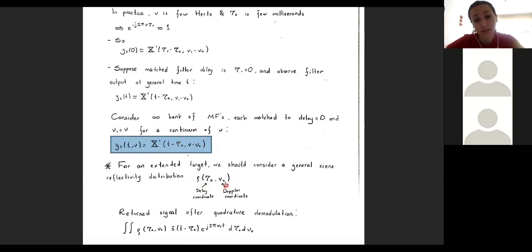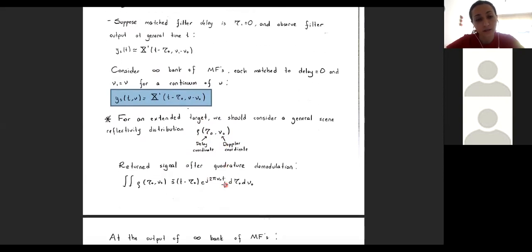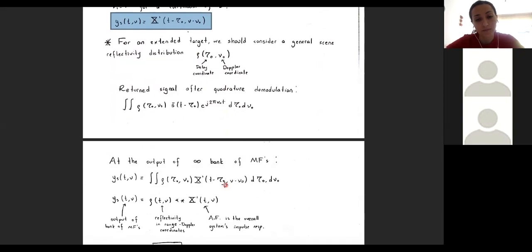That's going to be our received signal, or the output of the infinite bank of matched filters.